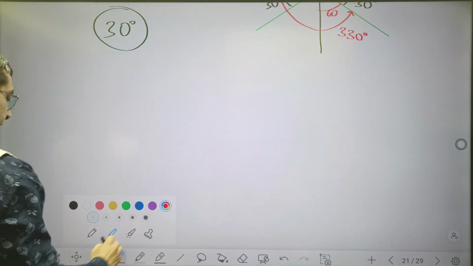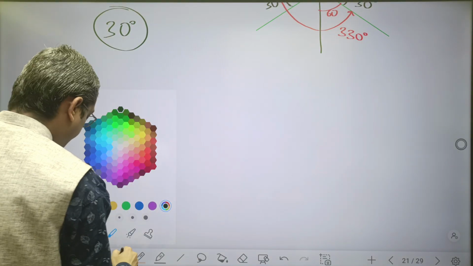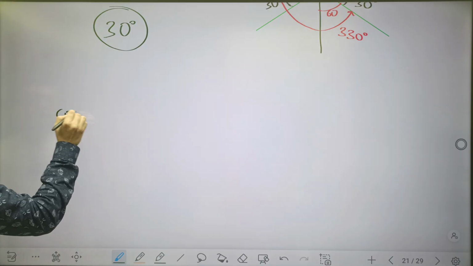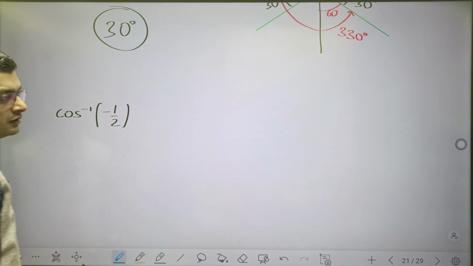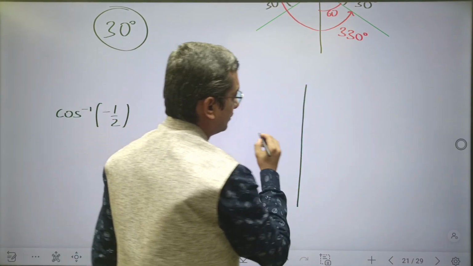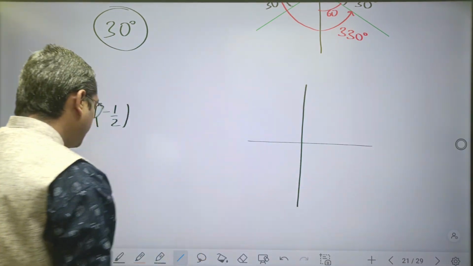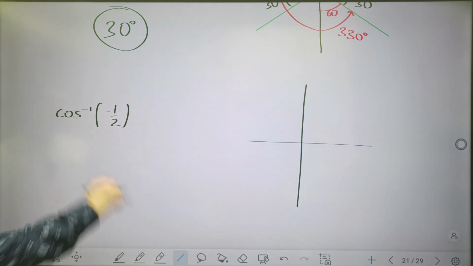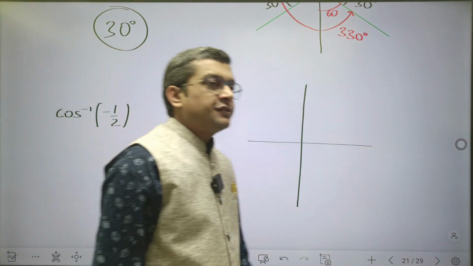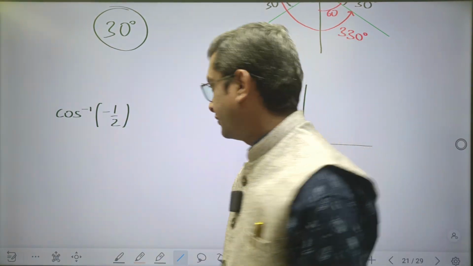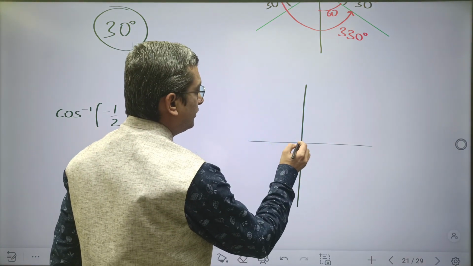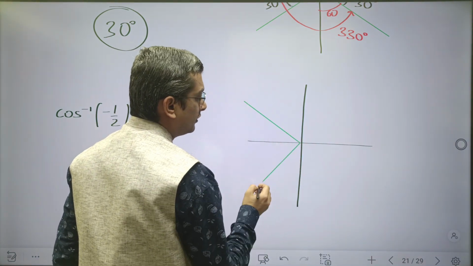Suppose we need to find cos inverse of minus 1 by 2. The very first step is to observe the sign, negative. Cos theta is negative in the second quadrant and third quadrant. So the lines lie in the second and third quadrants.